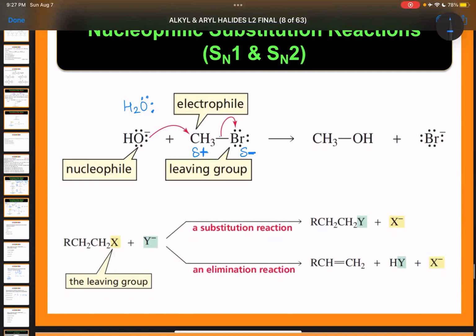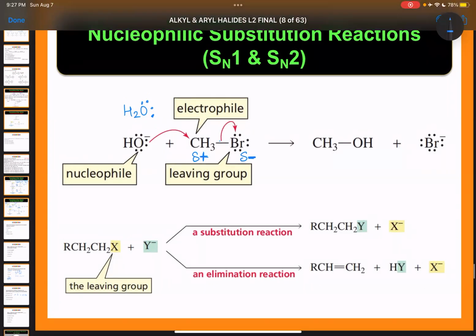But very important, for that the other atom needs to have a positive charge so that it can attract the nucleophile. Is it clear? I hope it is clear to you. So in this case, OH minus is a nucleophile.